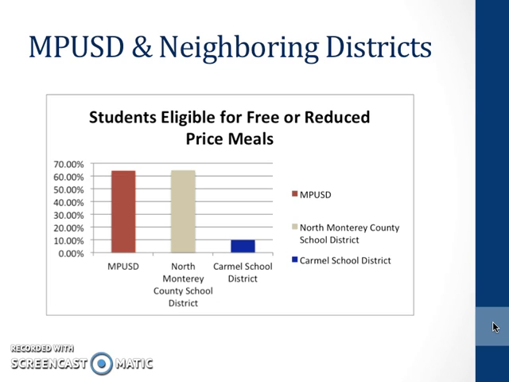So not only are they getting subsidized assistance because they're known as a low-income community, but they also have a surplus in their budget. MPUSD, on the other hand, is a little more average. They're not super low income and not super high income, but right in the middle between the two. But they have a tremendous budget deficit, so they're not getting the subsidized help, nor do they have the budget to implement the programs and services that their population needs.